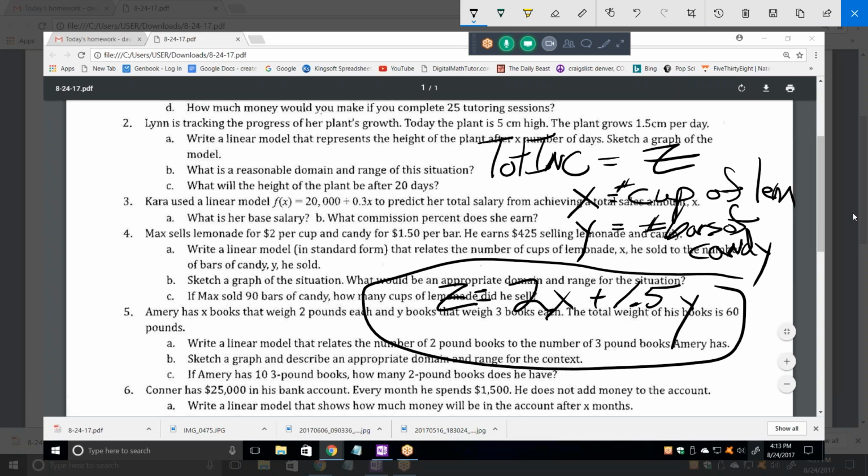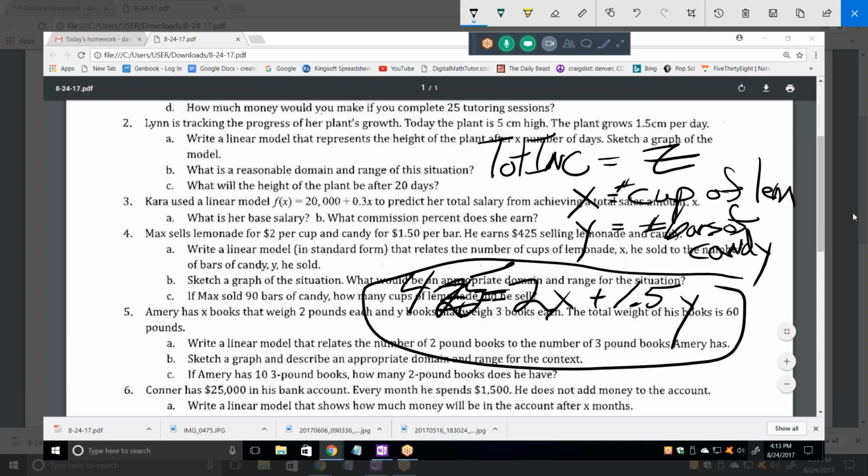Okay. All right, let's see. He earns $425 selling lemonade and candy. So the first thing I can do is substitute 425 on the left side of that equation. In other words, Z is equal to 425, right? Now, I still don't know how many cups of lemonade he sold or how many bars of candy.